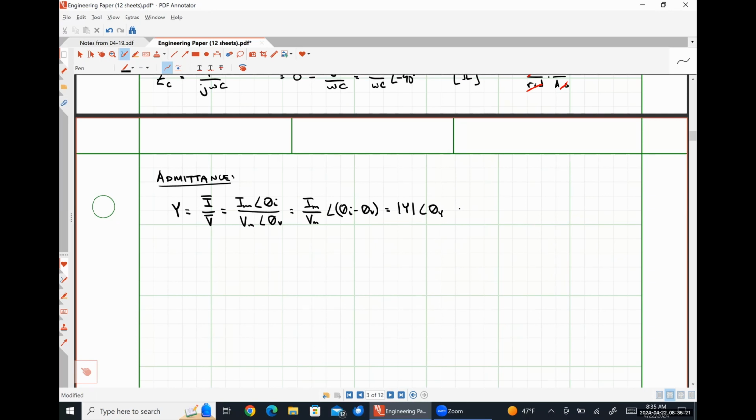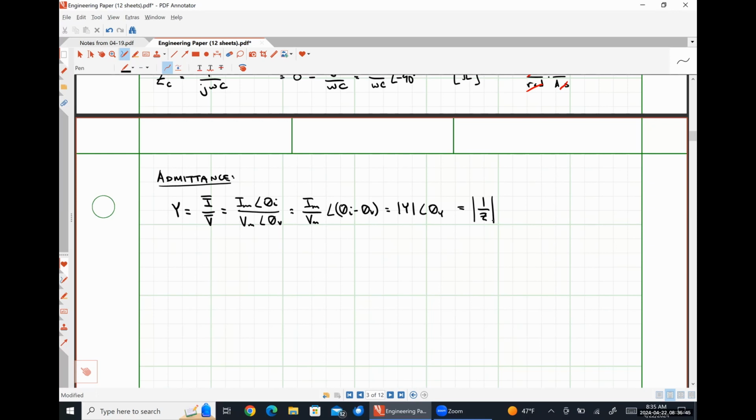But we can relate this to our impedance as well, right? So the ratio of I_M over V_M is nothing more than the inverse of the magnitude of our impedance, because impedance is V_M over I_M.